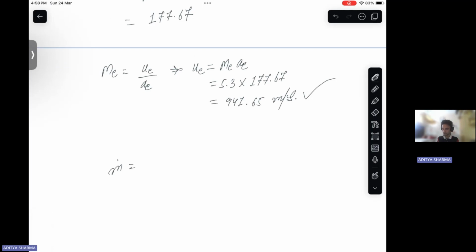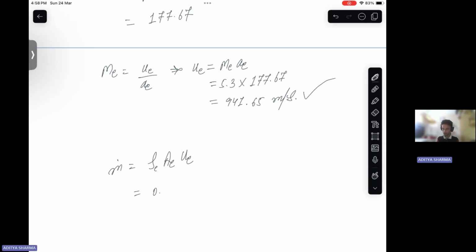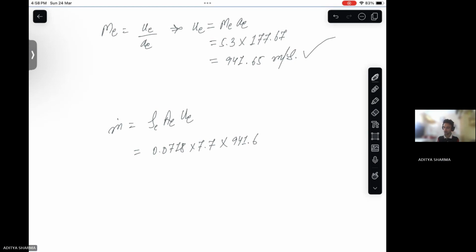Mass flow rate equals rho E A E U E. So this is rho 0.0718, and then A is 7.7, U is 941.6.